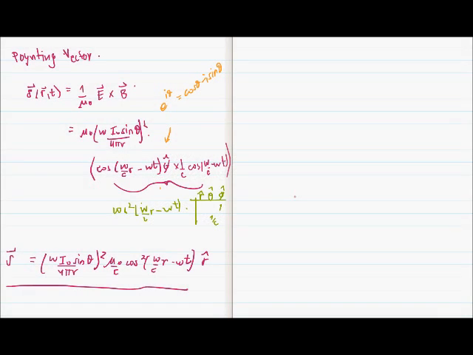Now we're going to need the time average Poynting vector to compute the total power emission. And we'll need both of those to compute the resulting gain function. So let's do that. Let's find the average Poynting vector, and we'll integrate it over one period, over the length of the period.